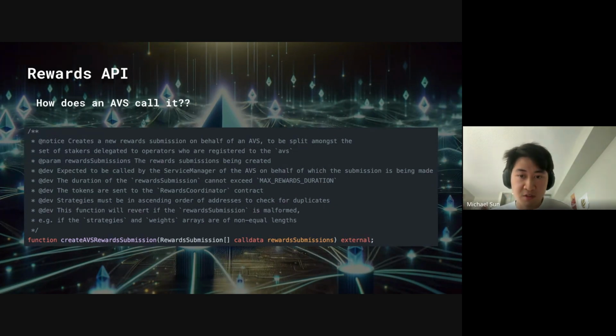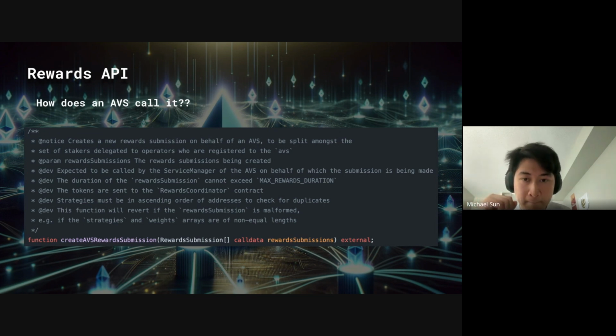They're just named the same because they're proxied functions. But this is the interface on the rewards coordinator contract, and all token amounts transferred into this contract will be processed through our pipeline to be distributed out, which we'll go over further.